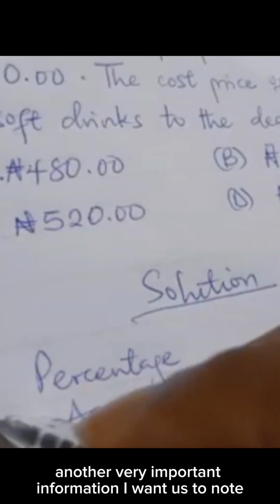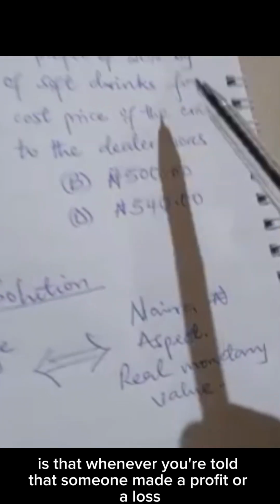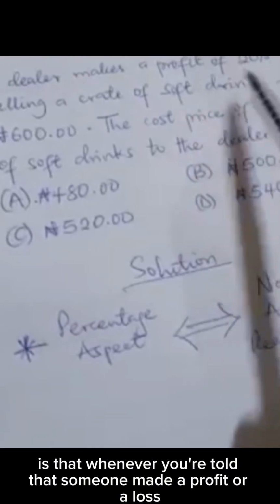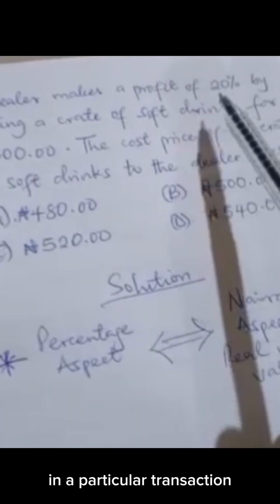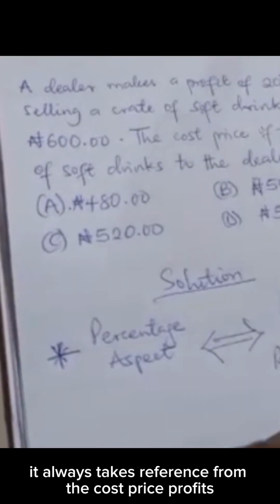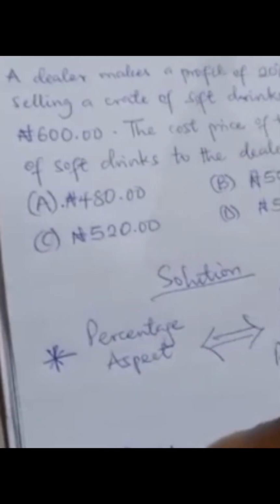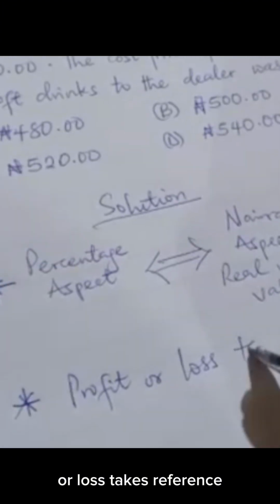Now, another very important piece of information I want us to note is that whenever you're told that someone made a profit or a loss in a particular transaction, it always takes reference from the cost price.